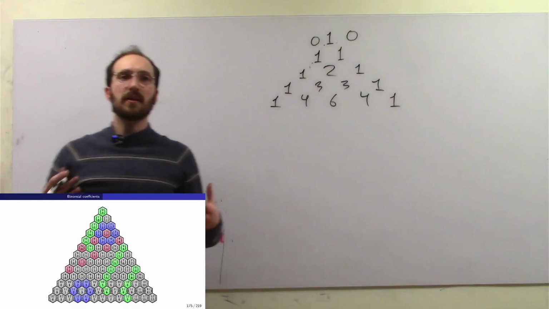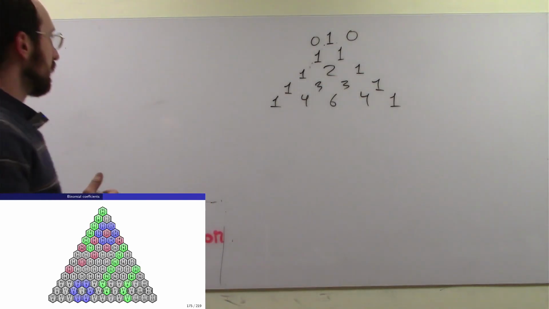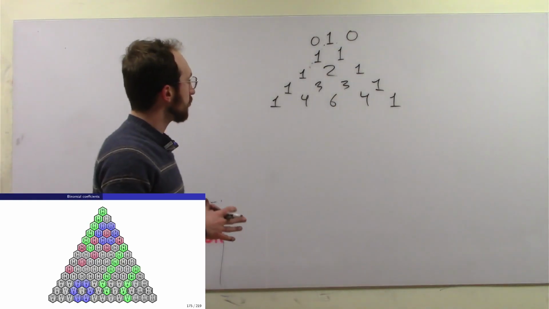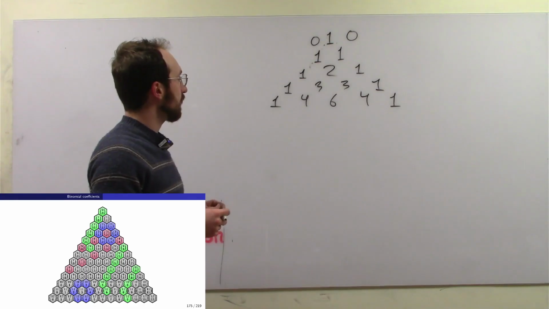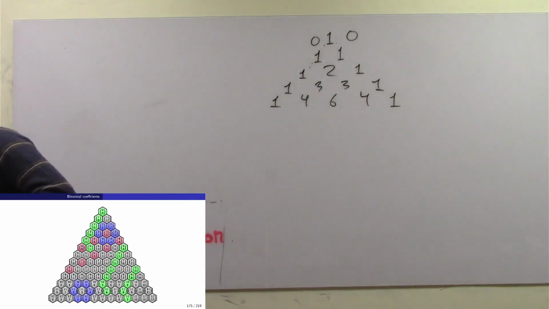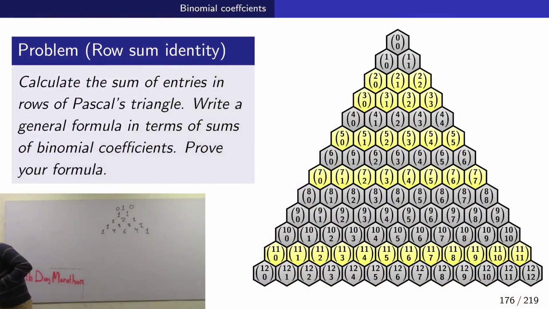It can be kind of meditative in a way to just keep on writing this triangle down. You start seeing some patterns. You start kind of losing yourself in the minutia. But what do we actually get here?